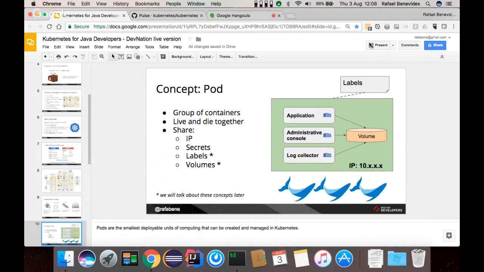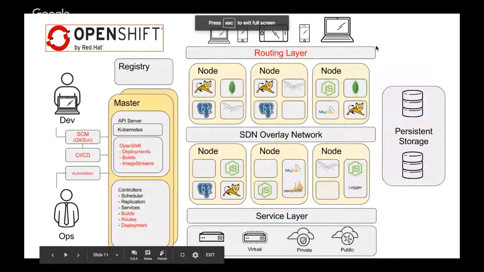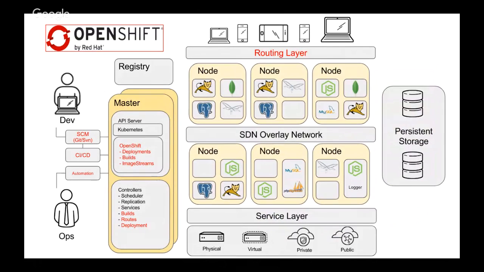But let's continue. Another thing that we need to understand is something called deployment. The deployment has a replication controller that, for example, says, in the case of this cluster, that I asked Kubernetes to keep 4 replicas of a Tomcat container running. But what happens if this container fails for any reason?